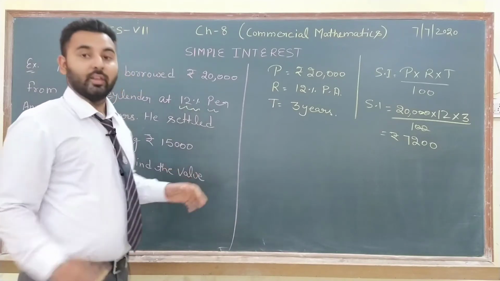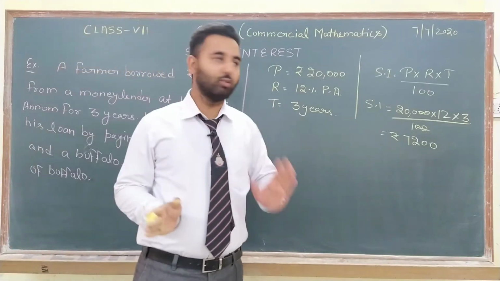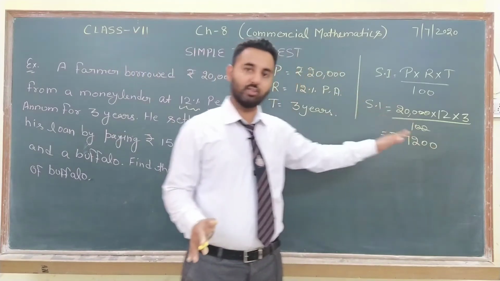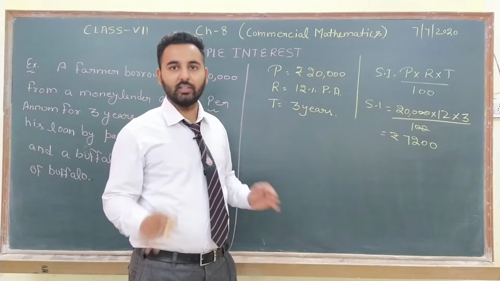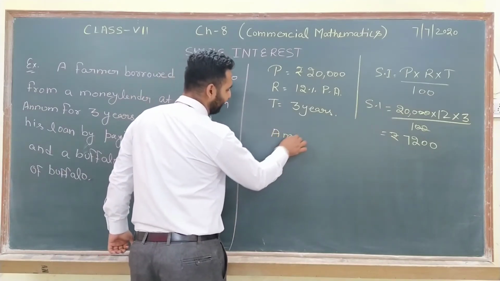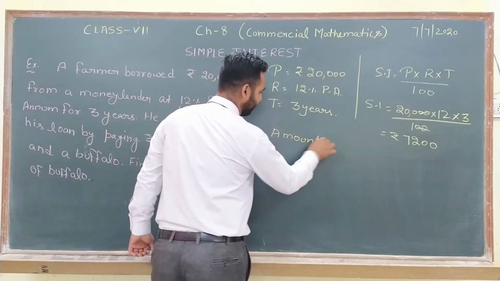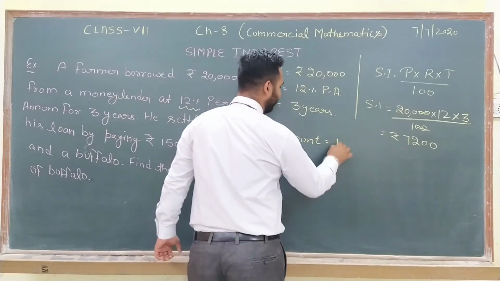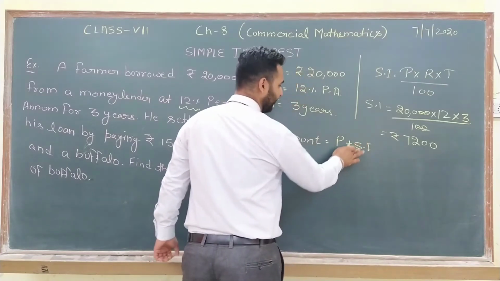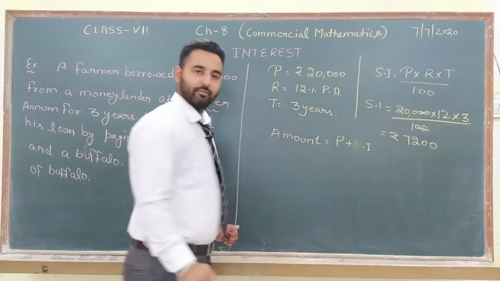Now, if you want to clear the loan, then you have to pay principal plus simple interest. Both things you have to pay, then your loan will be cleared. Means in simple words we have to pay the amount. Amount is the sum of principal plus interest. Fine.